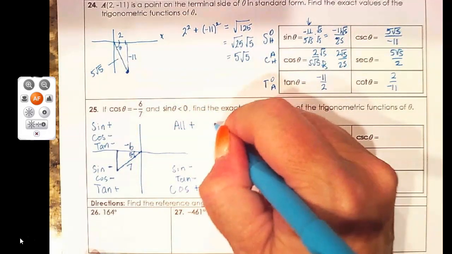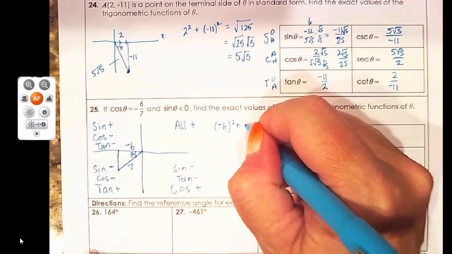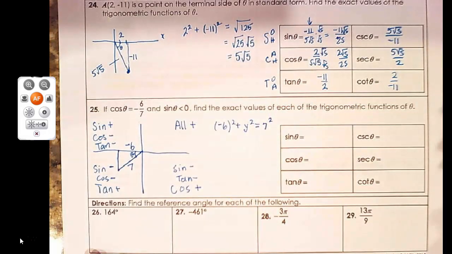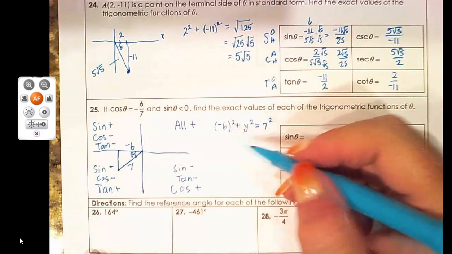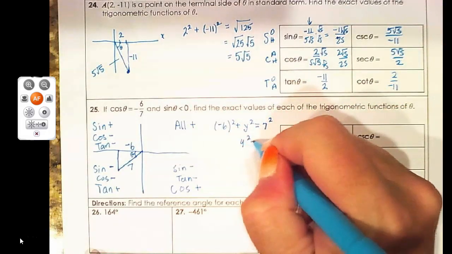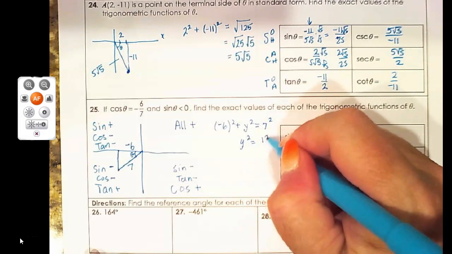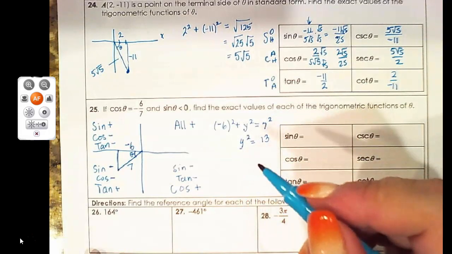So I've got -6 squared plus y squared equals r squared, which is 7 squared. So I'm going to do 49 minus 36, and I get y squared equals 13. So my missing side must be the square root of 13.